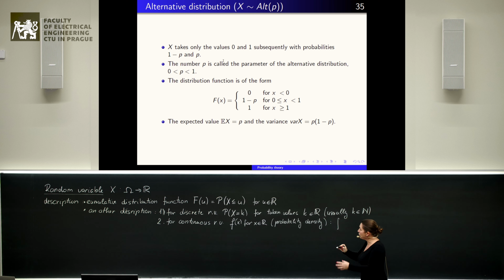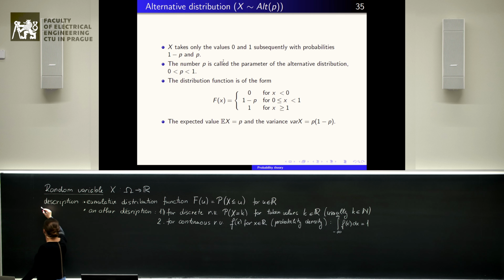So the total amount of the probability must be equal to 1. So the integral of the density from minus infinity to plus infinity must be equal to 1. And today I will show you some examples, some basic models of these discrete and continuous random variables.